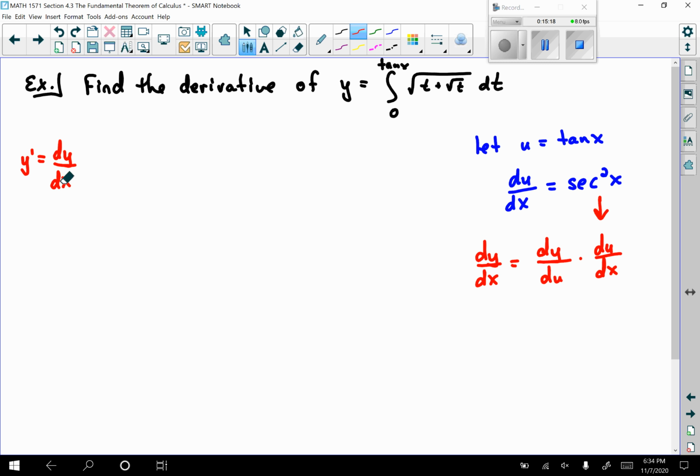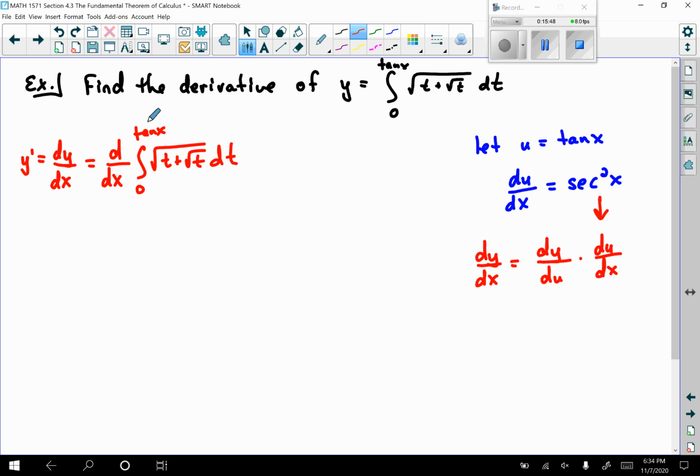But that's what this is right here. So dy over dx, which is the integral from 0 to tangent x, actually put the d in front of it, because that's the y. So I'm going to have d over dx times the integral 0 to tangent x of the square root of t plus the square root of t dt.